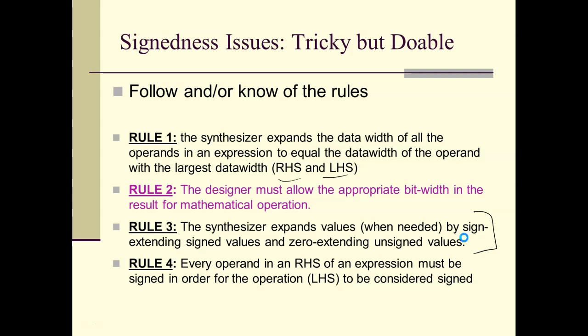All the operands on the right-hand side of the assignment operator will be zero extended. Essentially, the presence of one unsigned operand will override the signedness of all the other operands on the right-hand side of that equation.